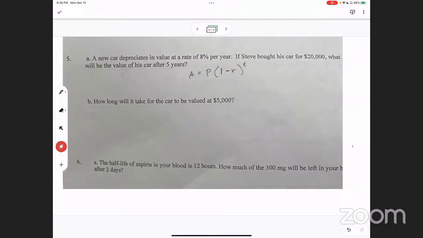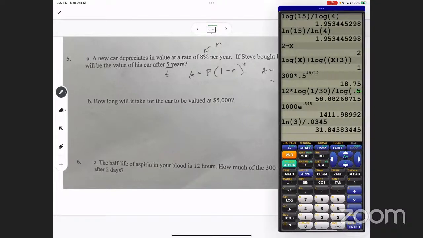Okay, so if you bought it for this, this is your principal. This is your time. This is your rate. And just plug and chug and then solve. So A equals the principal times 1 minus 0.08 to the T, which is 5.